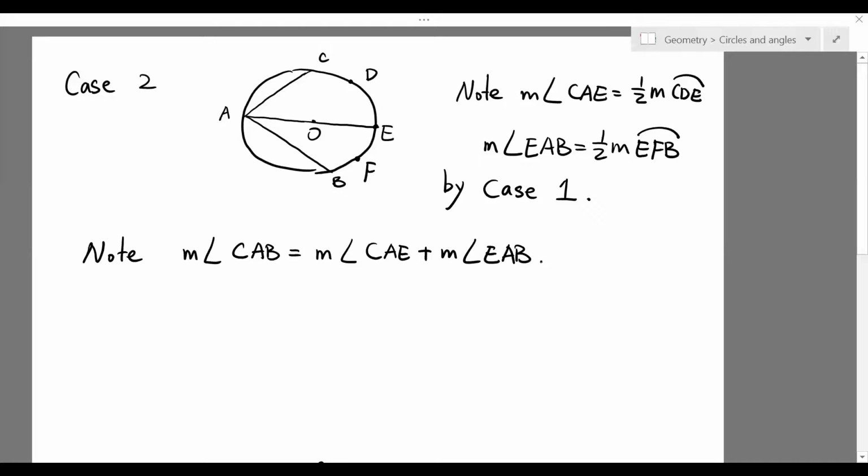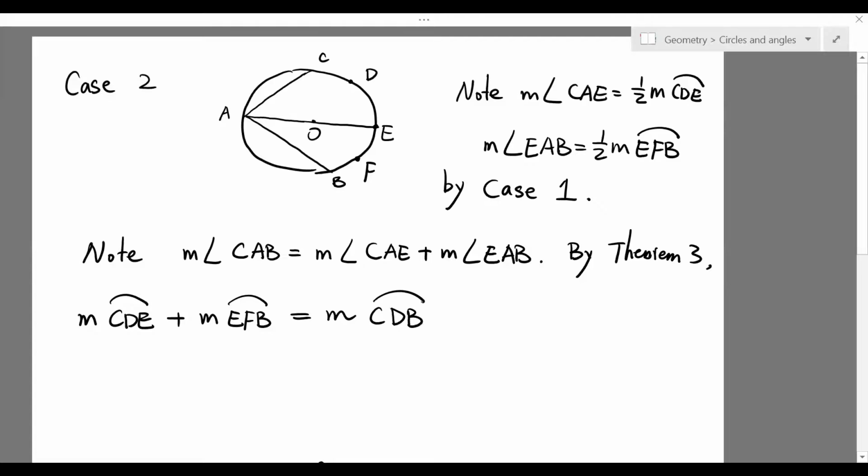On the other hand, by theorem 3 that we proved in the last video, the measure of the arc CDE plus the measure of the arc EFB is equal to the measure of the arc CEB, which is precisely the same arc CDB. Hence, case 2 is proved.